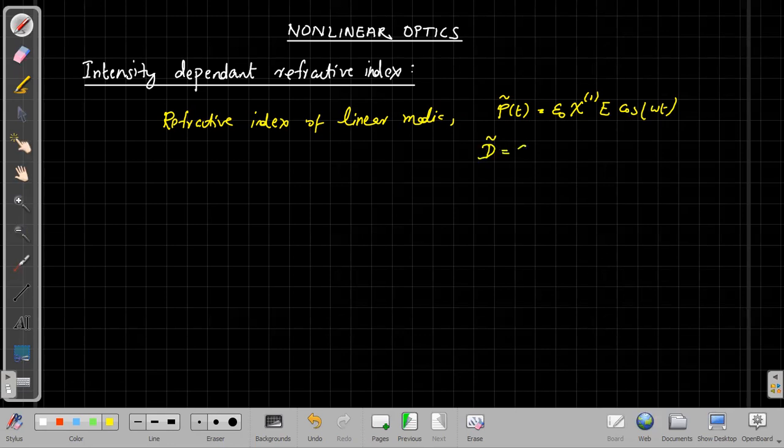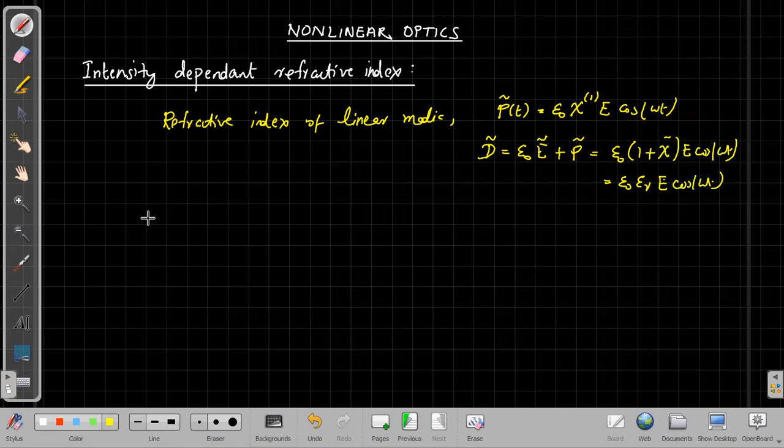The electric displacement you can write as epsilon 0 E plus P, and that becomes epsilon 0 times 1 plus chi, times E cos omega t, which is epsilon 0 epsilon r E cos of omega t.